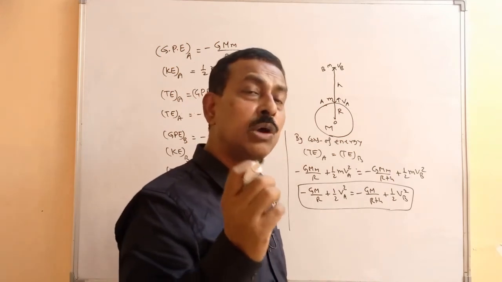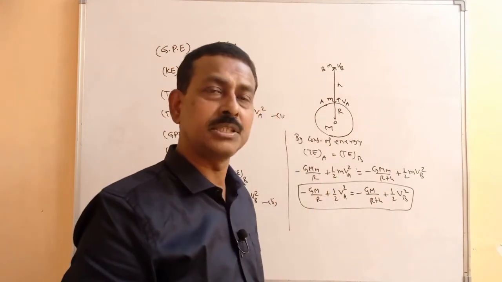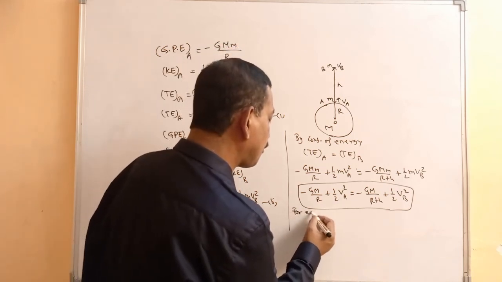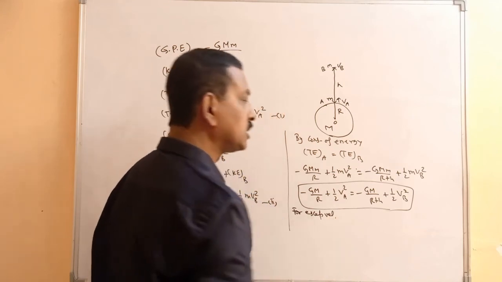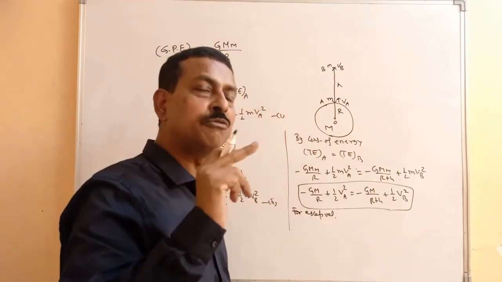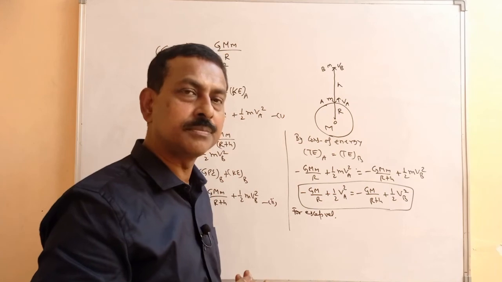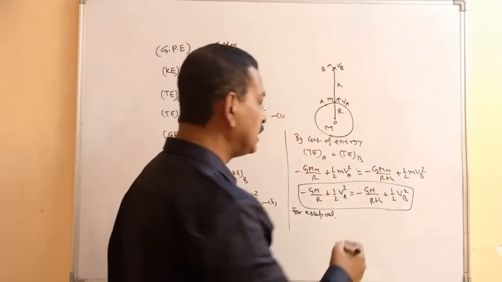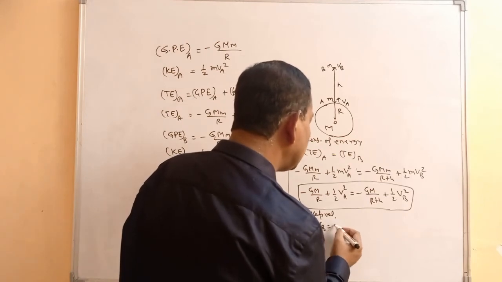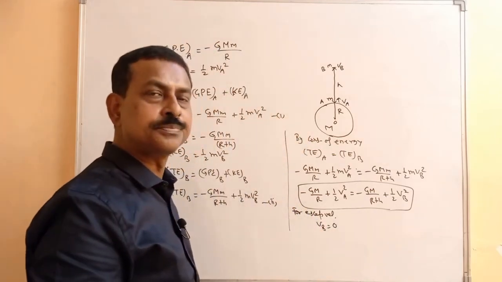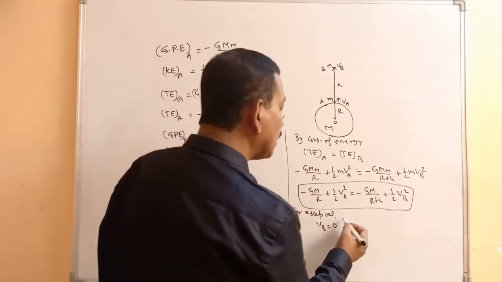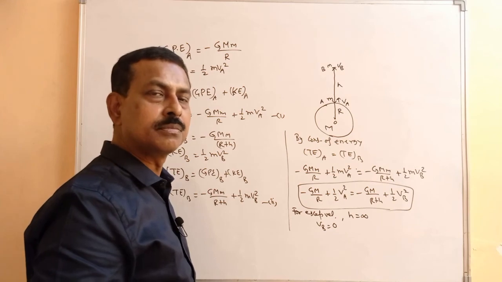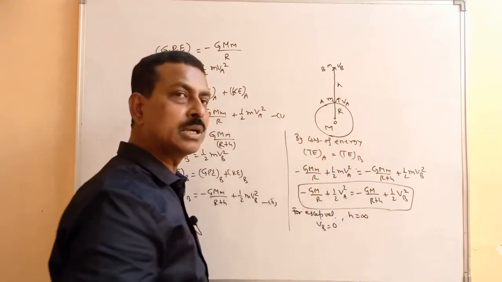Suppose I use it for derivation of the escape velocity. Remember we say that it is the minimum velocity with which the body should be projected. So it means when it reaches point B, Vb should be equal to 0. And also, it should go up to the height which is infinity, where the gravitational potential energy will become 0.